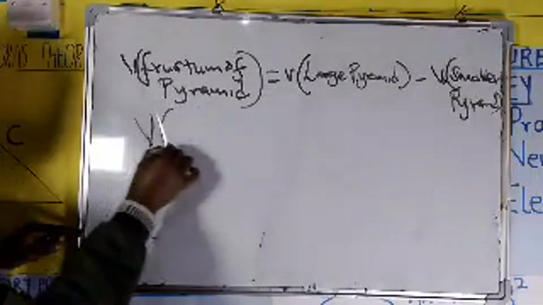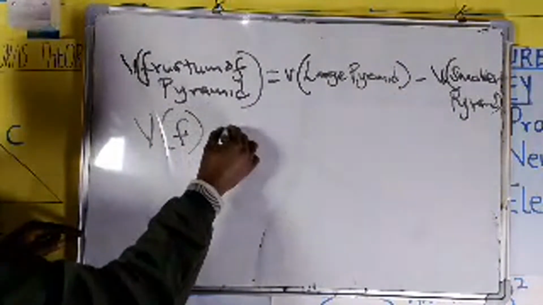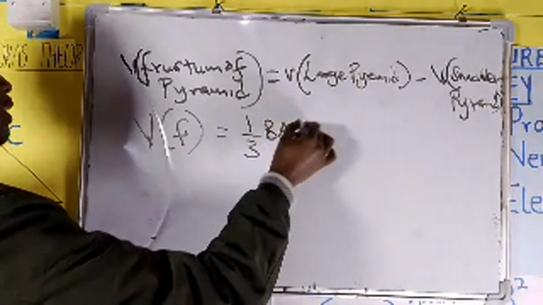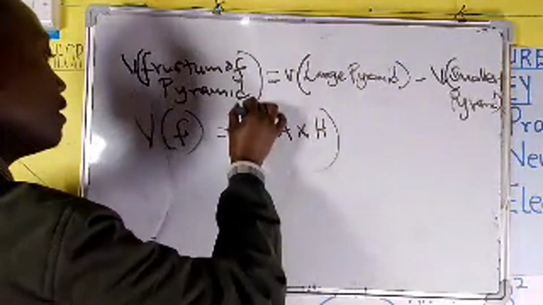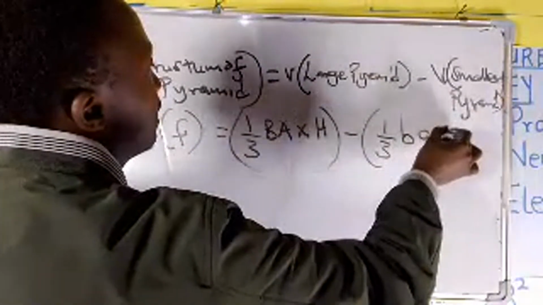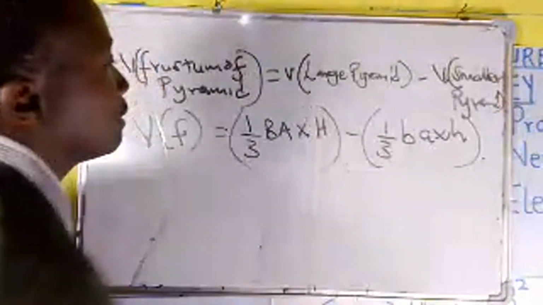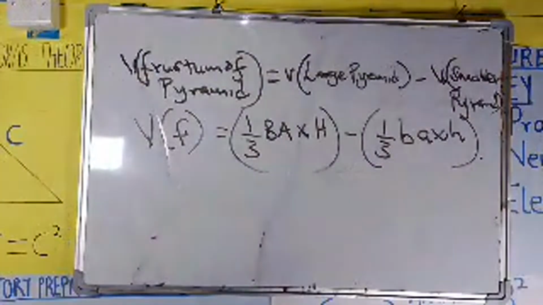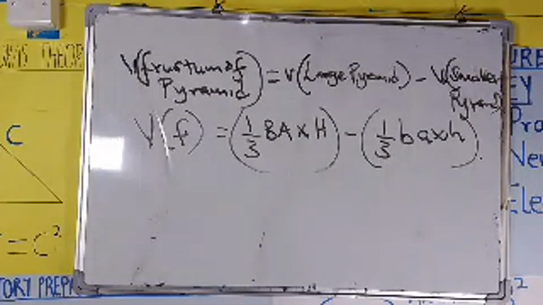It means the volume of that frustum of a pyramid is a third base area times height minus a third base area times height. That is the formula.